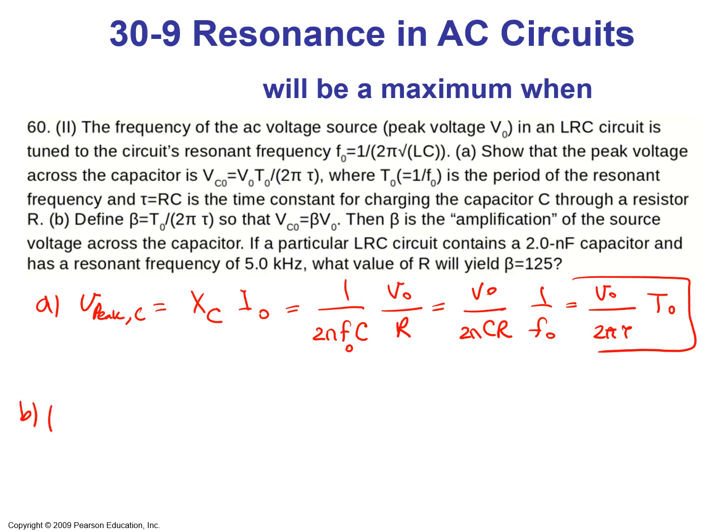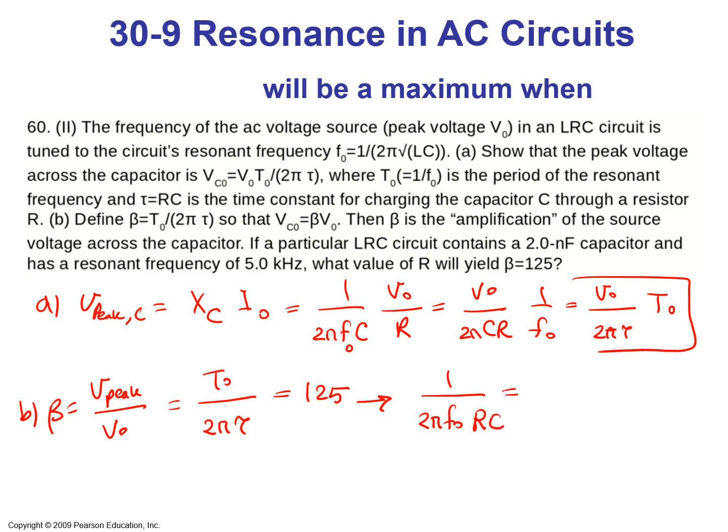For part B, beta is equal to V peak over V0, and from part A, we found that Vp over V0 is equal to T0 over 2 pi tau, and beta should be 125. Instead of T0, we have 1 over F0, so we have 1 over 2 pi F0, and instead of tau, we have R times C. And this is equal to beta.